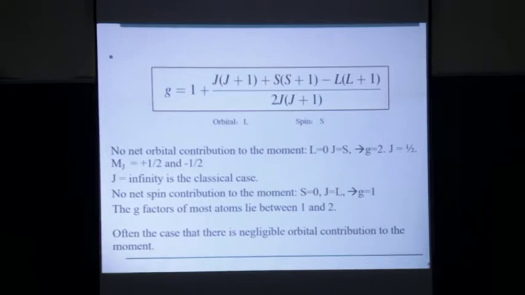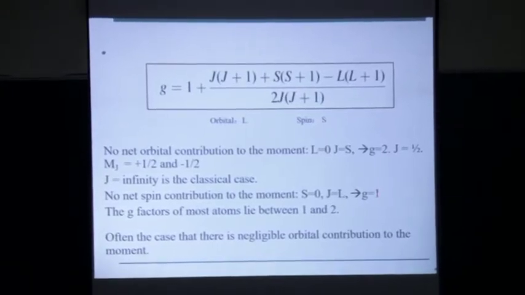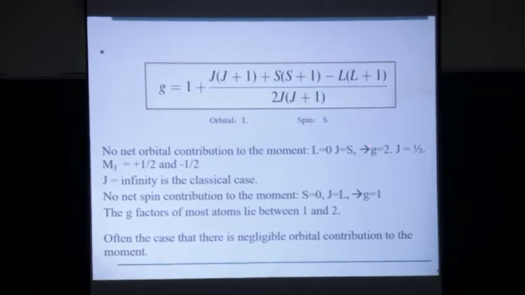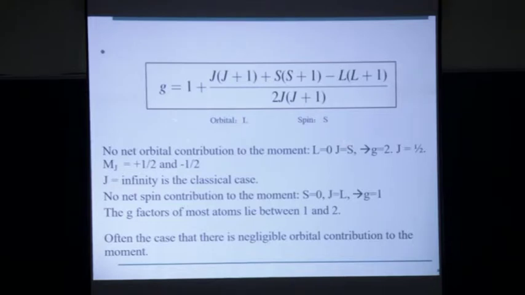Then J is equal to L and g equal to 1. If there is no orbital contribution, g is equal to 2, so you will get a factor between 1 and 2. In reality, the g factor will lie between 1 and 2. So as I said, often it is the case that the orbital contribution is negligible.